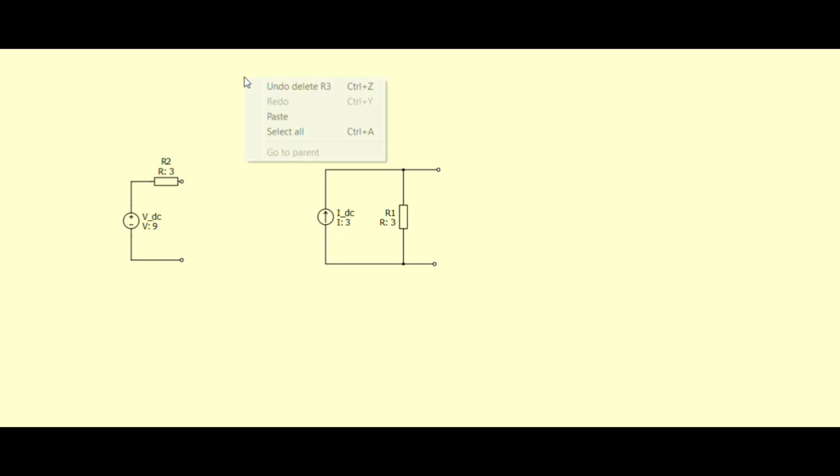For that, we have to take a common load. Suppose we are taking a load resistor. Initially, we will connect it to this model. We will calculate the voltage across it and the current flowing through it.